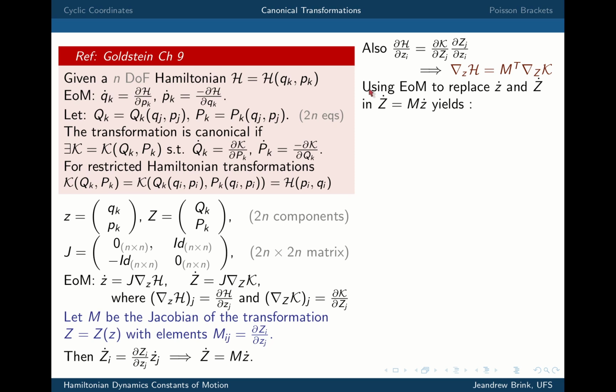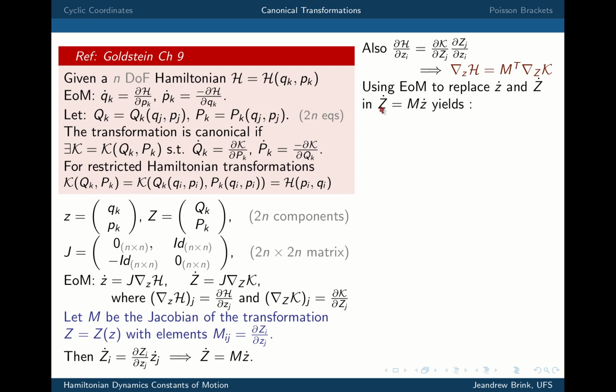So let's go to the equations of motion, namely these two down here, and we can replace both Z dot and little z dot in this equation which we derived at the bottom, simply by looking at how the parameter time derivative transforms.